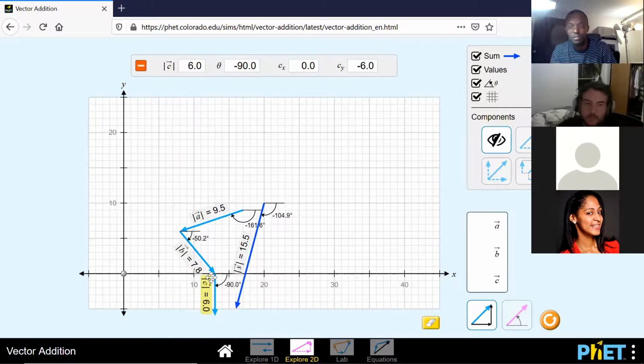Now, I don't have a 4th vector to draw, but you have to imagine drawing a line segment from the tail of A, which was the first vector in A plus B plus C, to the head of C.